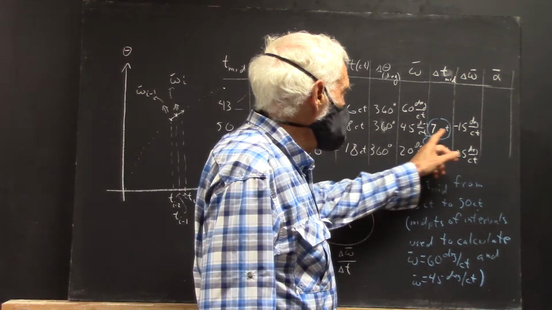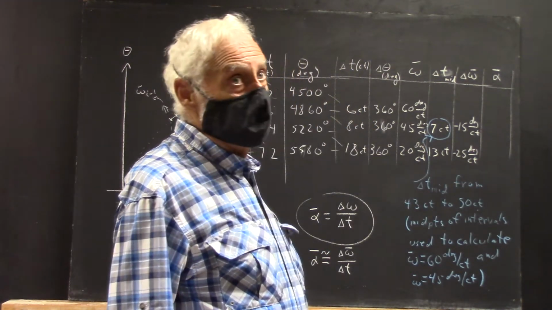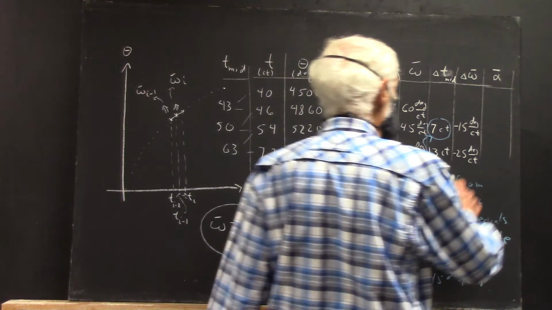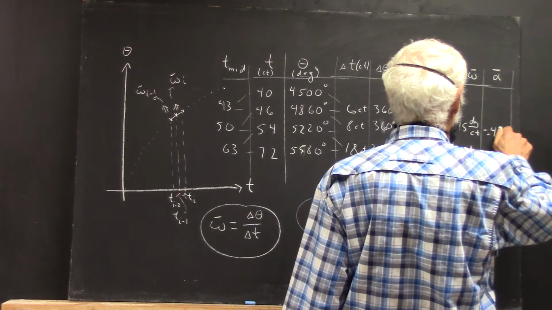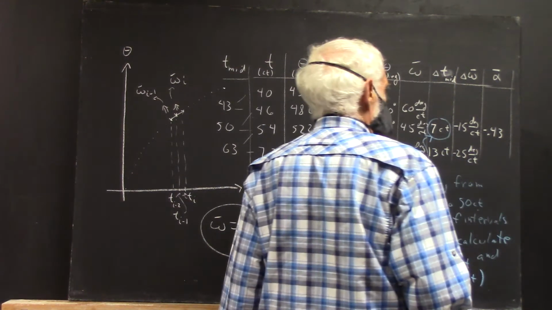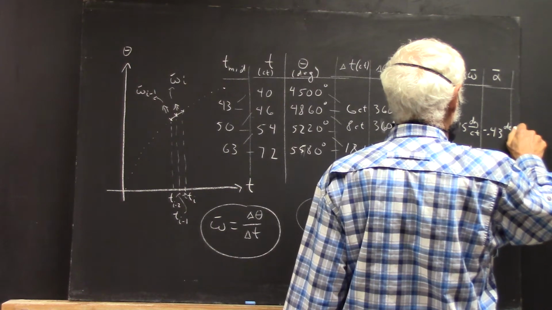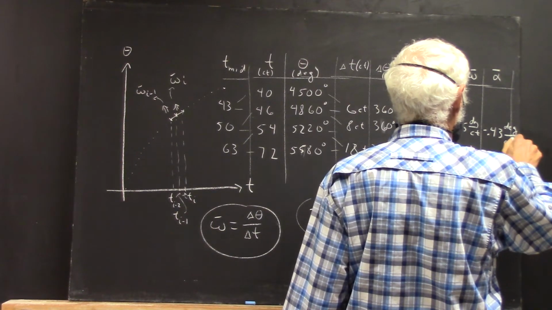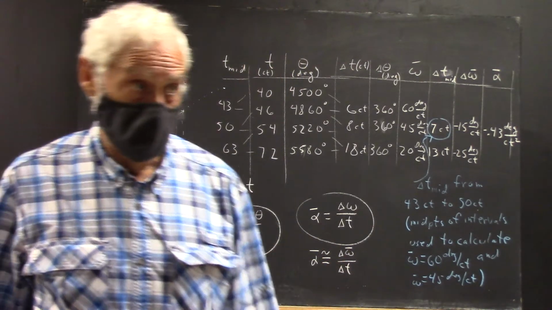If you divide 7 by negative 15, you get, I think, negative 0.43, and that's in degrees per count squared.